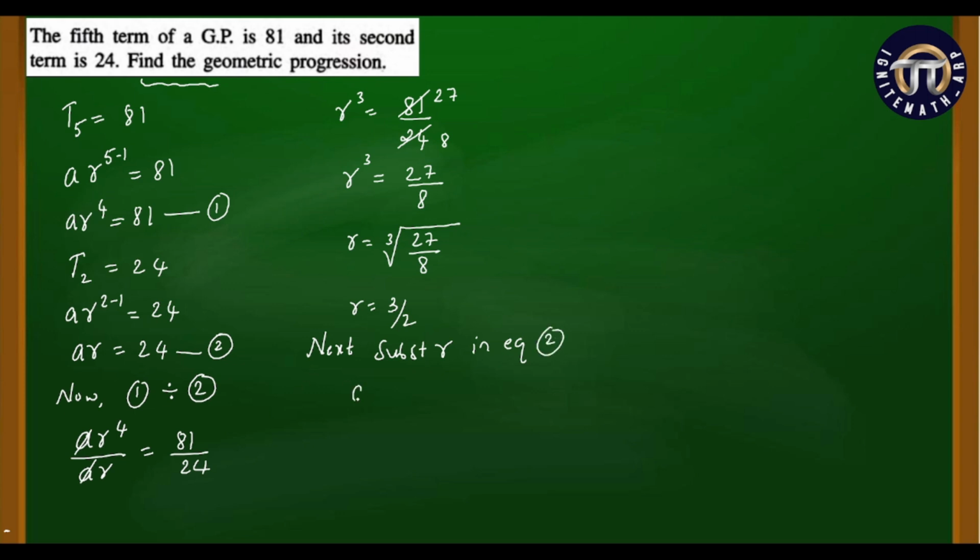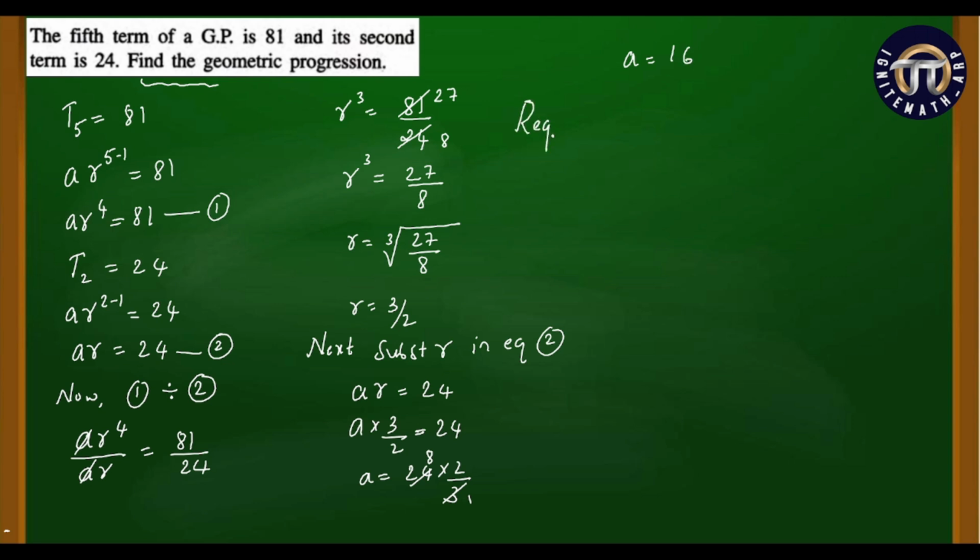Now equation 2 is A R is equal to 24. I have already found out R. So A into 3 by 2 is equal to 24. I would get A is equal to 24 into 2 by 3. So I would write A is equal to 3 1s are 3, 8s are. So A is equal to 16.